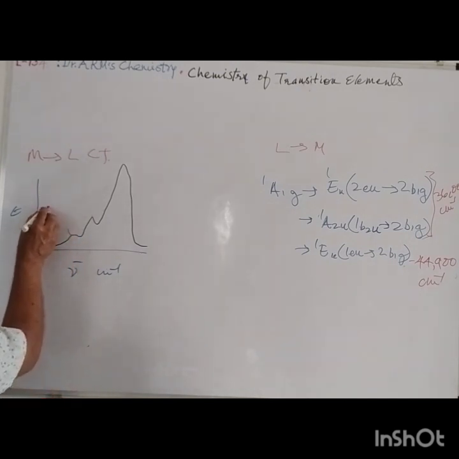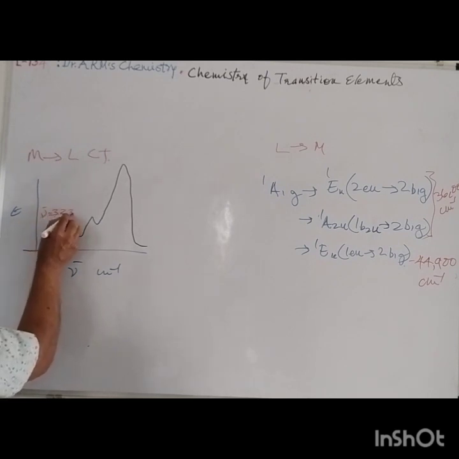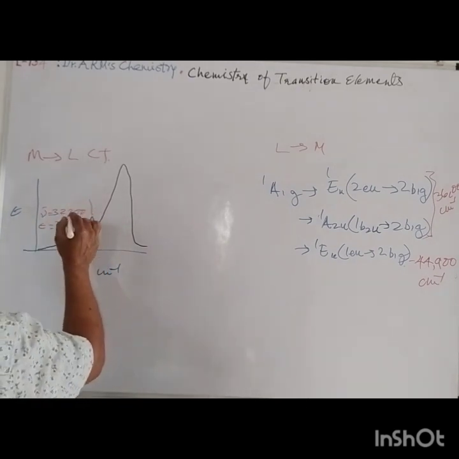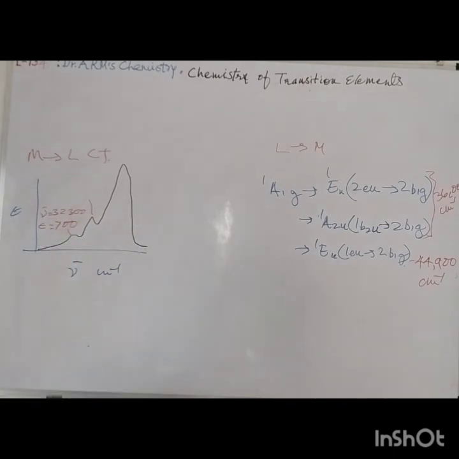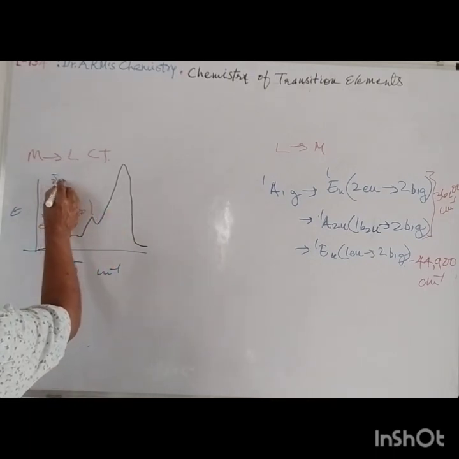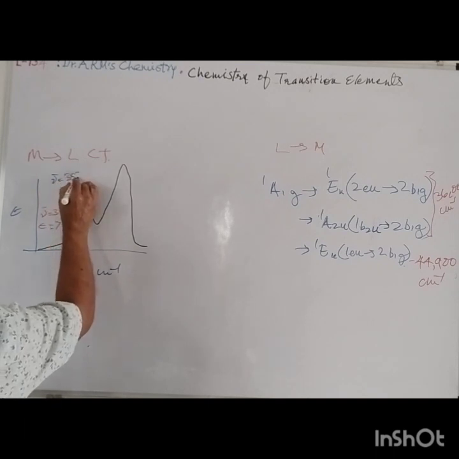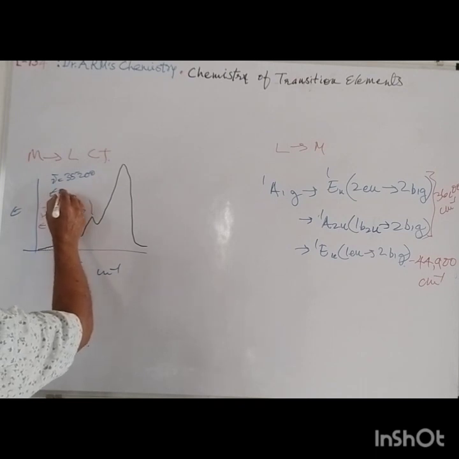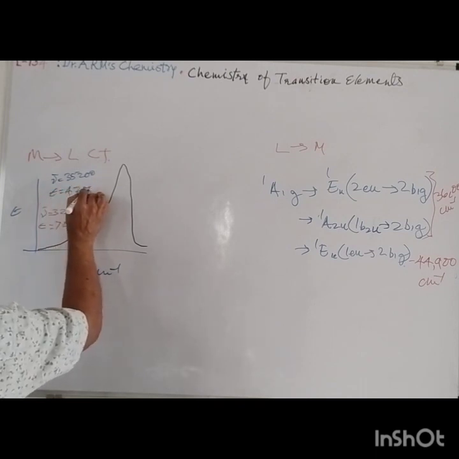So we will have the values like this. The nu bar value here is 32,300, epsilon value is 700. Then this will have the values nu bar 35,200 and epsilon 4,200.